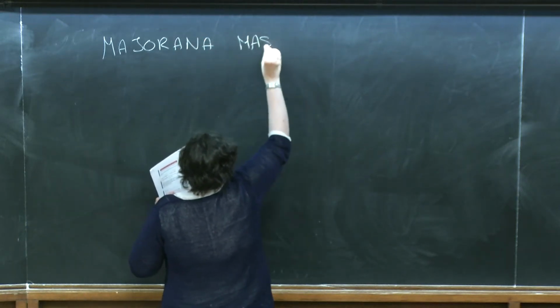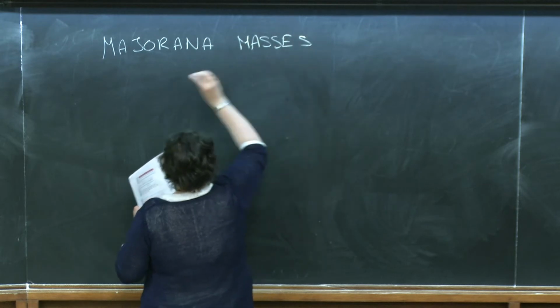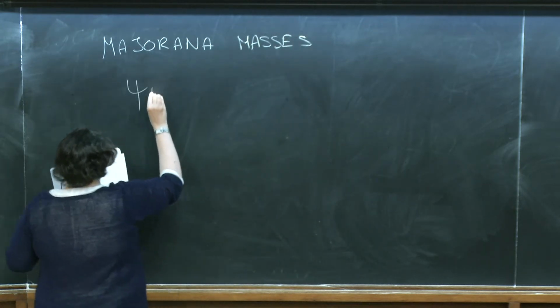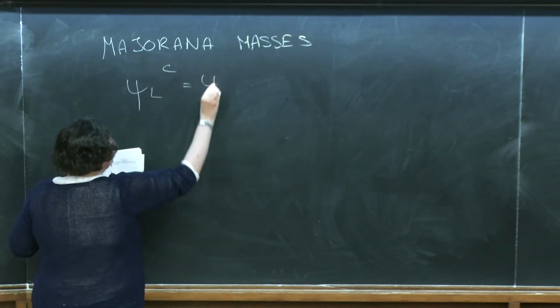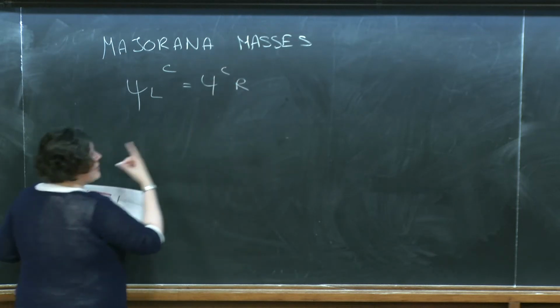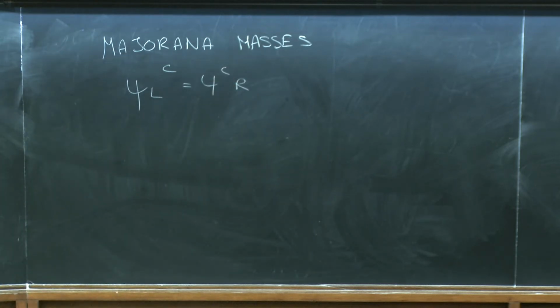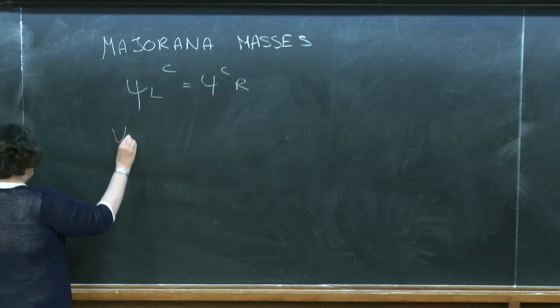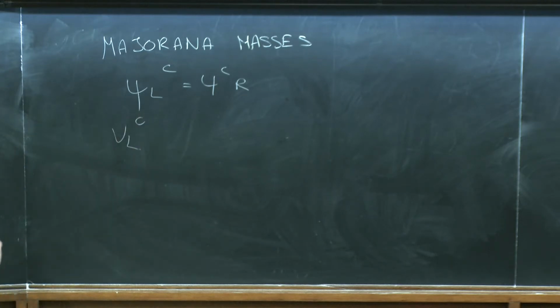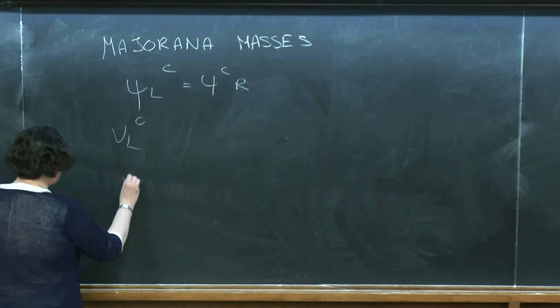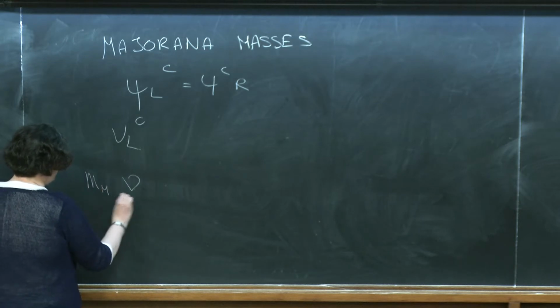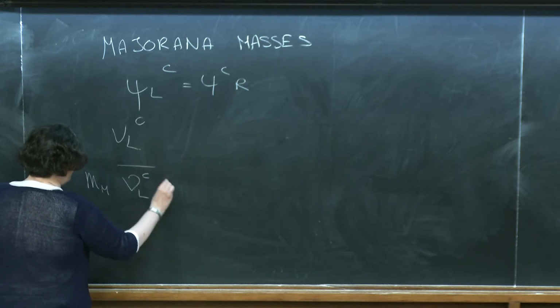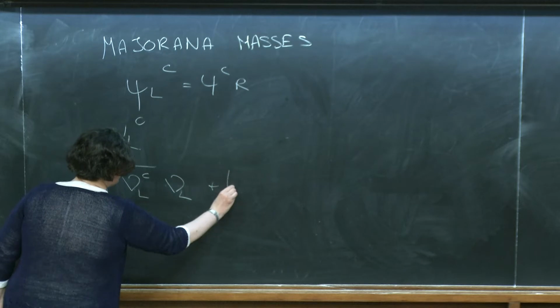As I already told you earlier, if I look at the charge conjugate of a left-handed field, this is right-handed. So instead of using a different new right to write the mass term, I can use the same field. I construct the right-handed field from new left, and then I write a mass term, which is new left C bar, new left.